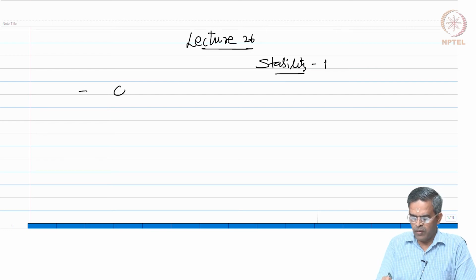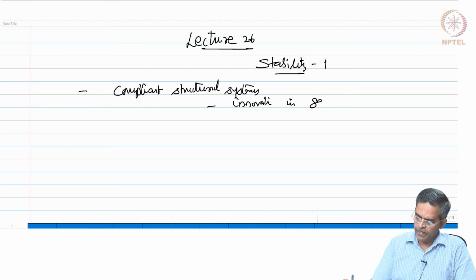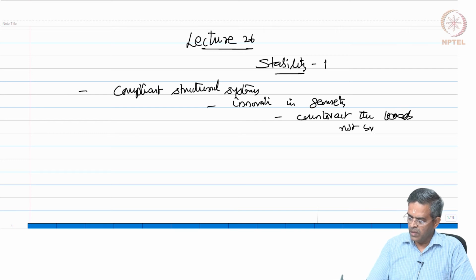So, now when you talk about compliant systems, which are innovative in geometry, they have a special characteristic. They counteract the loads not by material strength alone.